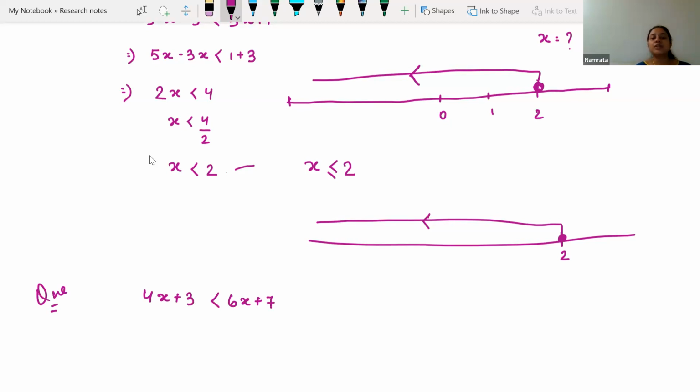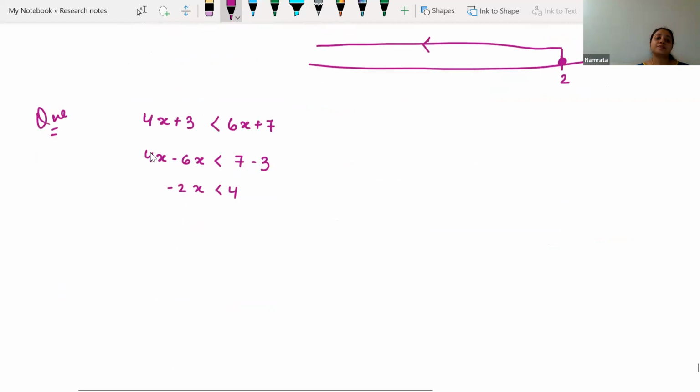So what we do, we take x on one side and constants on another side. So 4x minus 6x is lesser than 7 minus 3, then minus 2x is less than 4. And then if you write that x is less than 4 by minus 2, then we are wrong.